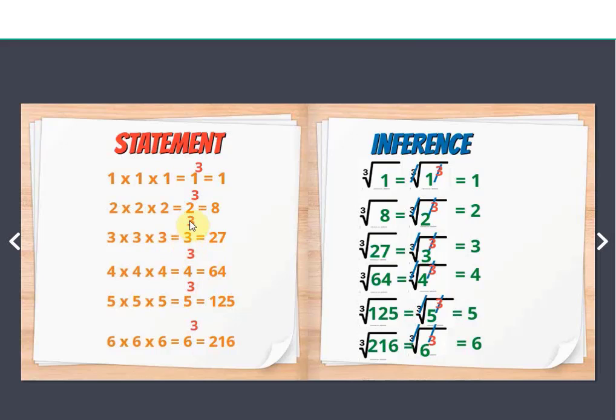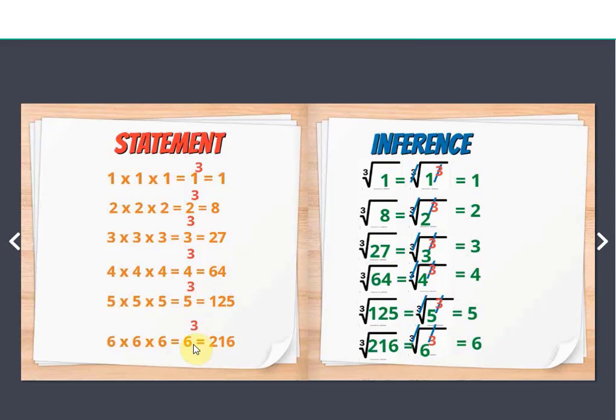Since 3 power 3 equals 27, then the cube root of 27 equals 3. Since 4 power 3 equals 64, then the cube root of 64 equals 4. Since 5 power 3 equals 125, then the cube root of 125 equals 5.